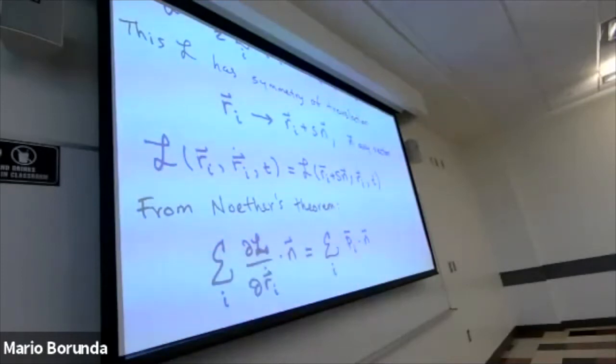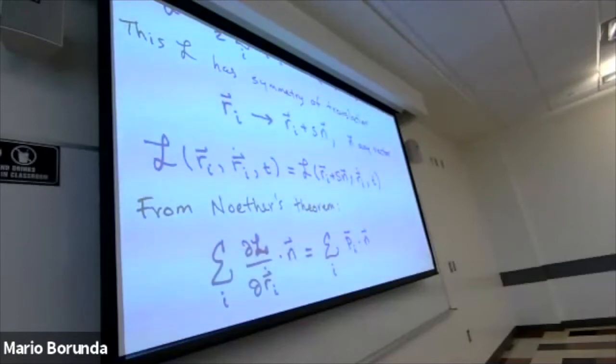And since n was just an arbitrary vector that we decided, that just means linear momentum is always conserved. So having homogeneity of space gives you that linear momentum is conserved. If you think about it, it means that particles don't speed up to go somewhere.